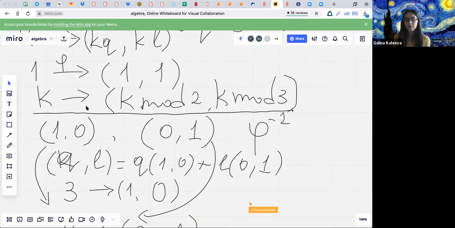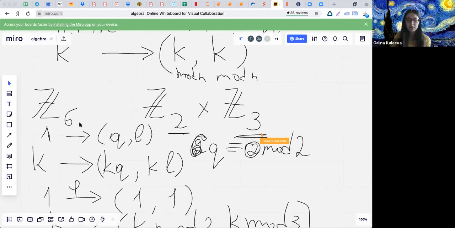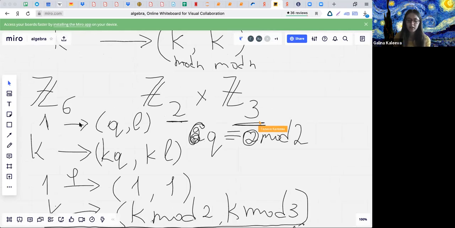We know that according to the Chinese remainder theorem, if these two elements, 2 and 3, are coprime, then for every set of remainders, in my case the first set of remainders is (1, 0), there exists such an element that the remainders are as I need.